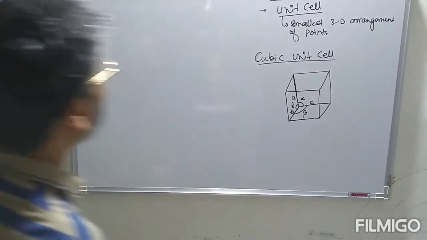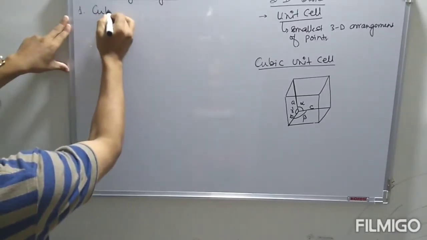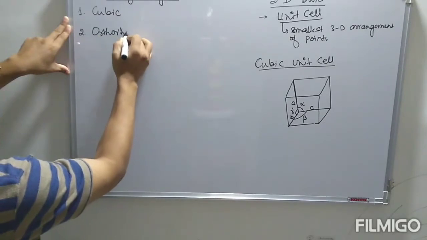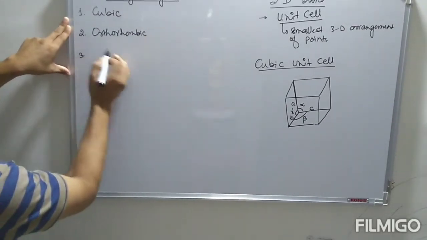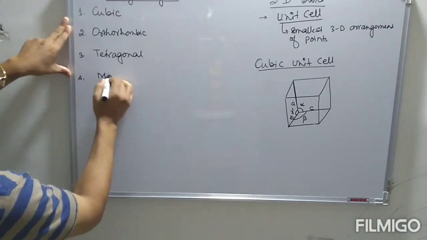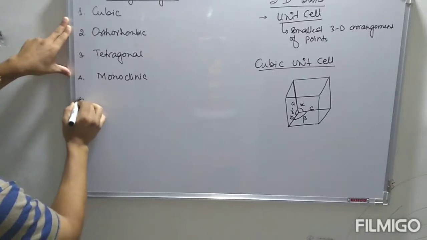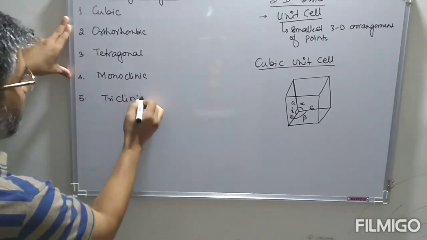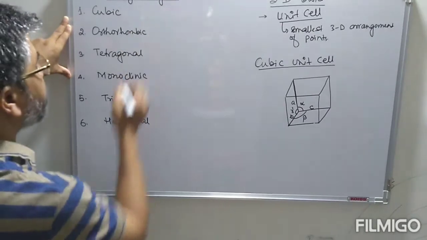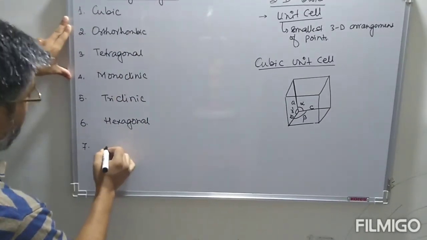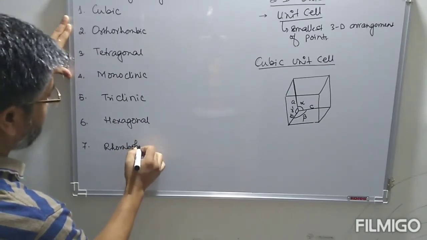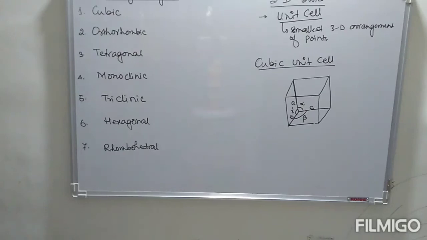First one is cubic, second orthorhombic, third one tetragonal, fourth one monoclinic, fifth one triclinic, sixth one hexagonal unit cell, seventh one rhombohedral. So these are the 7 possible crystal systems.